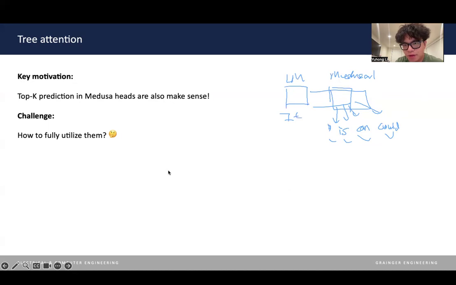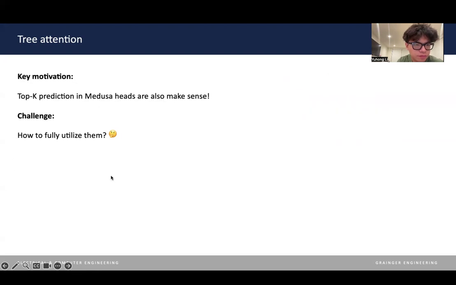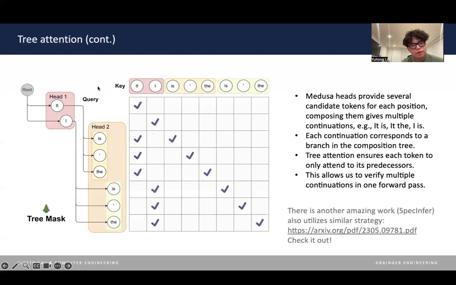the path. So in the previous examples, we use a chain, which means each time we only include the top one Medusa head output in the calculation. But right now we want to utilize top-K, right? So that means we will introduce a tree. How to fully utilize this?